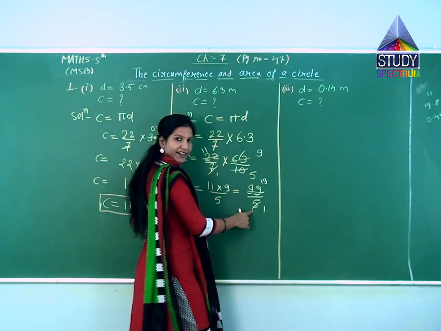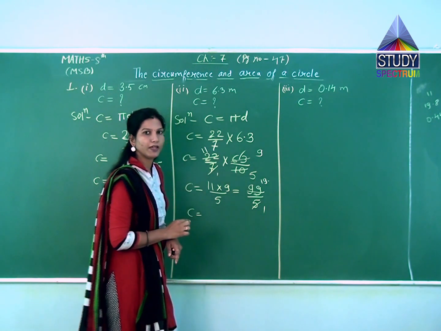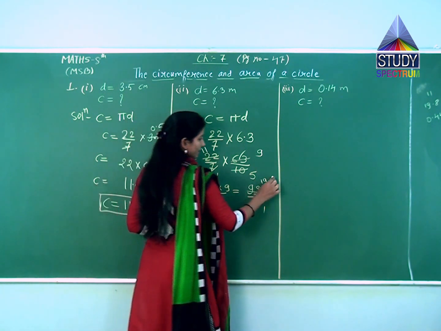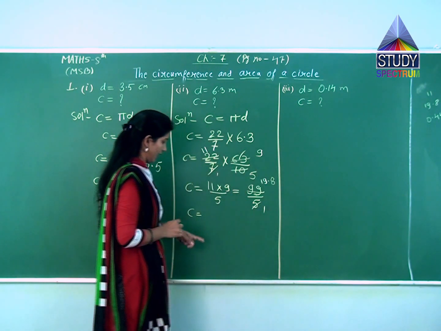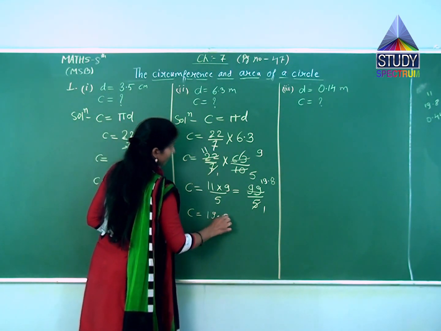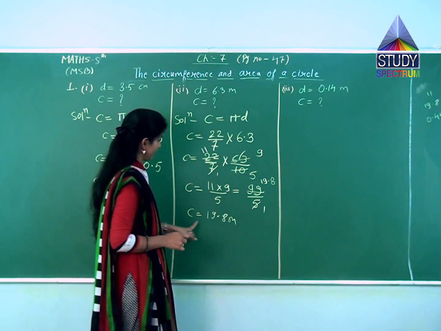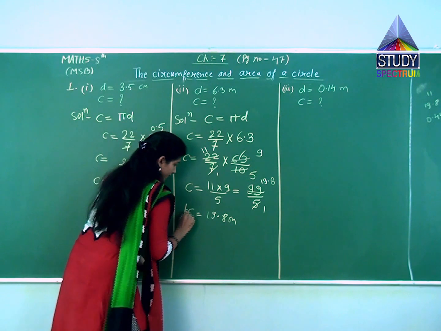And 4 cannot be divided by 5. That's why we will put a decimal here, and that 4 will be 40. So 5 8s are 40. And our answer for the circumference will be 19.8 meters. What will be our answer? 19.8 meters.